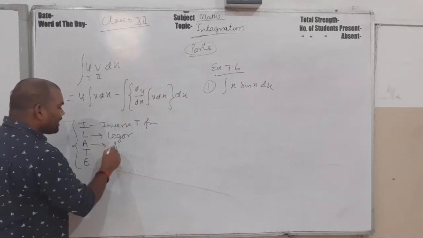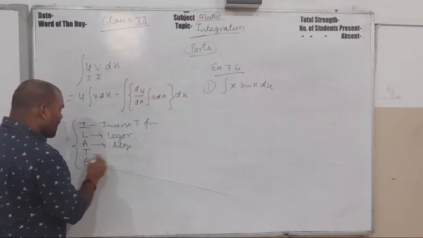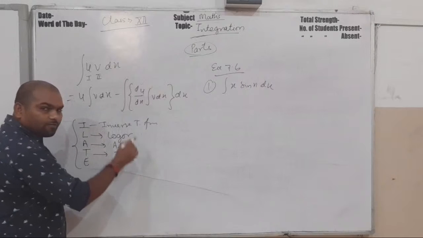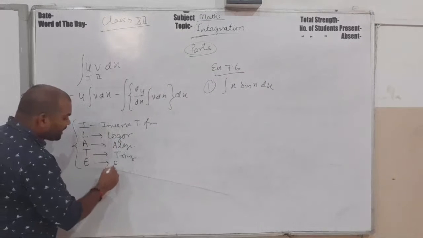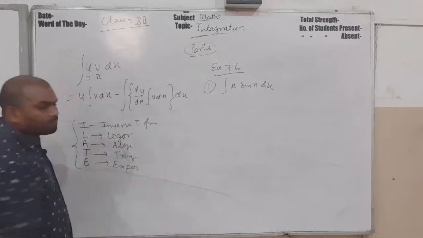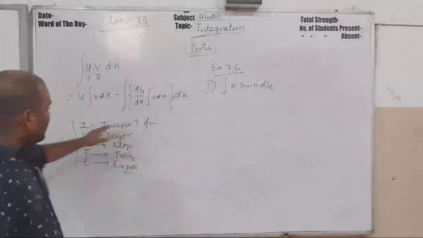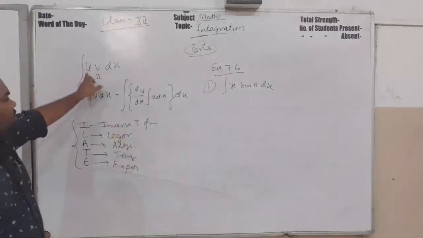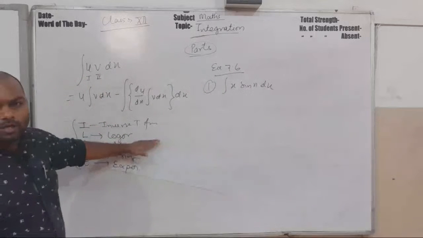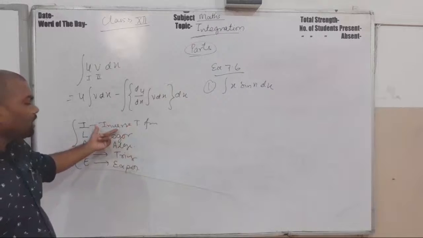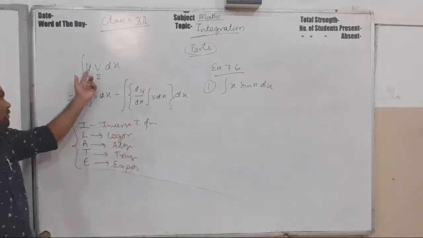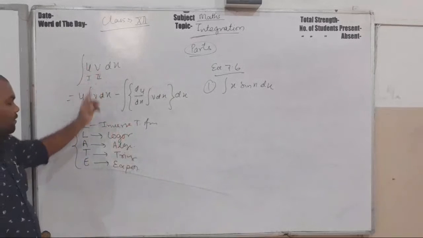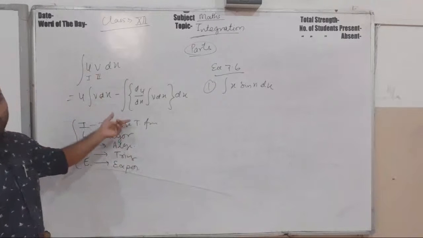A, then algebraic functions. And T, trigonometric function. And then E, that is exponential function. So we will take in order. If out of these two any function is inverse trigonometric function, we will choose that as first. If logarithmic function is there out of the two, then we will choose logarithmic as the first one.